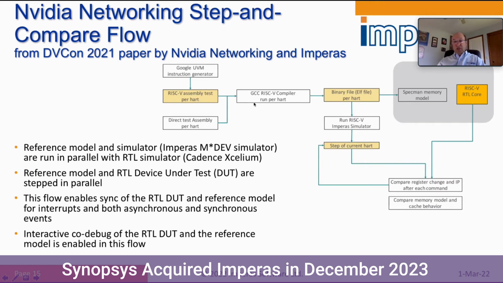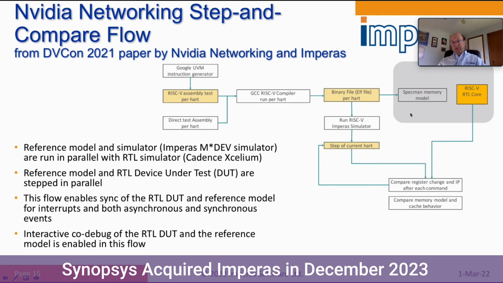The processor they were working on was actually a multi-hart processor, and so you see things are done on a per hart basis here. And then running the RISC-V instruction set simulator, and then running the results into a comparator.